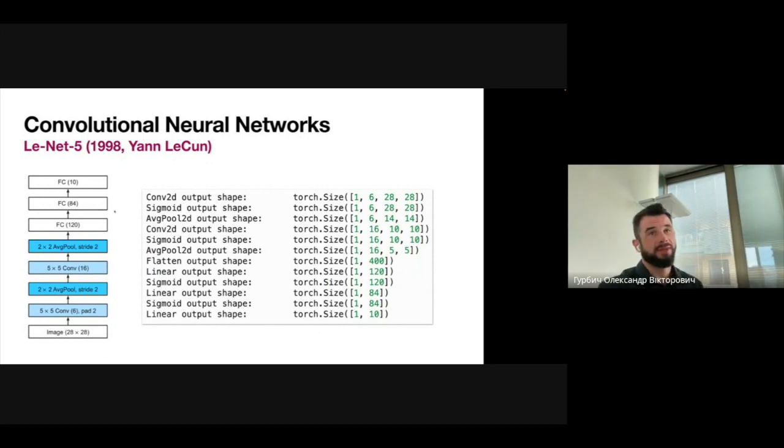This is all the layers with all the sizes for this convolutional network. See, the input is 28 by 28. Then you have convolution 5 by 5 as 6 convolutions with padding 2. Then you have average pooling with a kernel 2 by 2 and stride 2. The same as I showed you, but max pooling, it's average pooling.